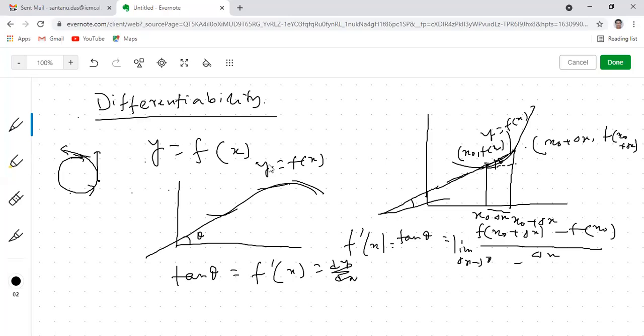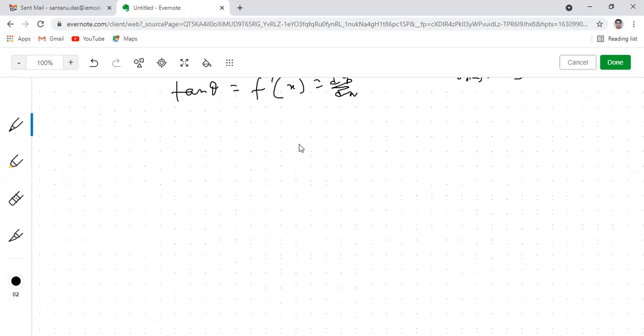Is it clear? Am I audible? Yes, sir. Audible. Is it clear or not? Have you understood this? If you have any doubt, without any hesitation, you could ask me.